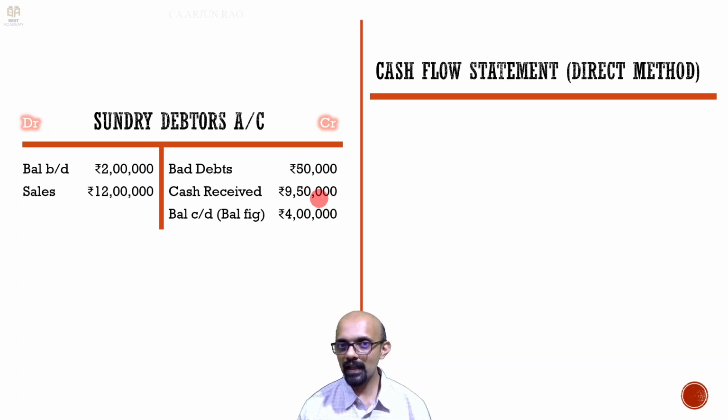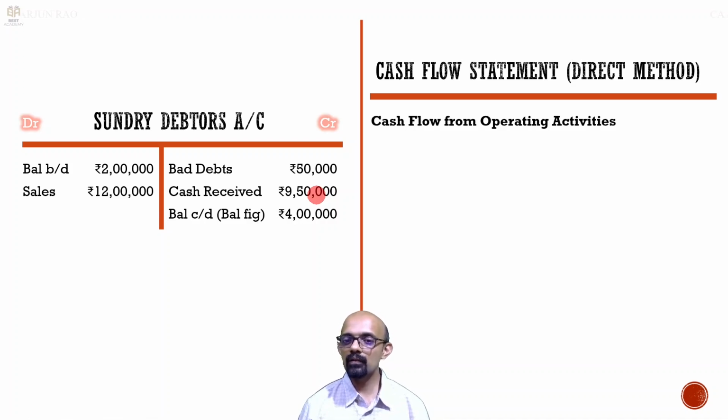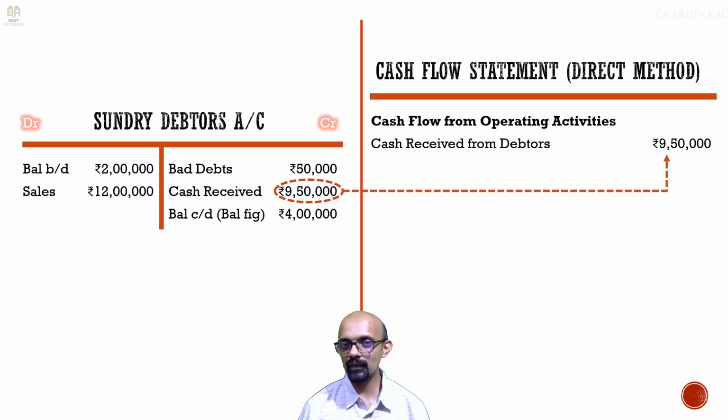So whichever type it relates to, you just put it there. This relates to operating. Obviously this company has sold its goods to these customers and has received cash, so this is principal revenue producing activities. Under cash flow from operating activities, we will just show this cash received from debtors, right? That is the direct method.